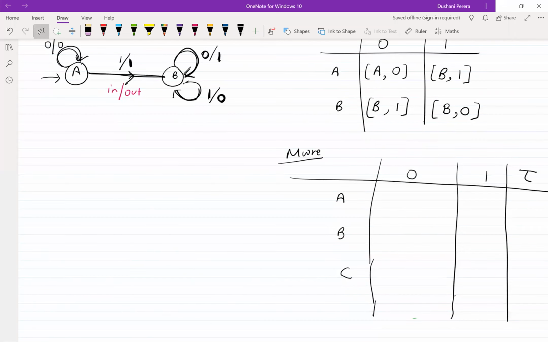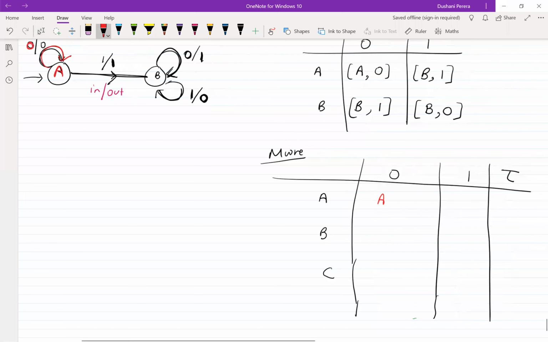Okay, now see what happens. When you're at A and you see a 0, where do you go? You come back to A. What do you print there?